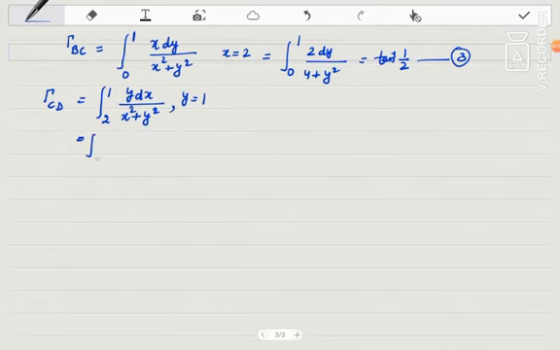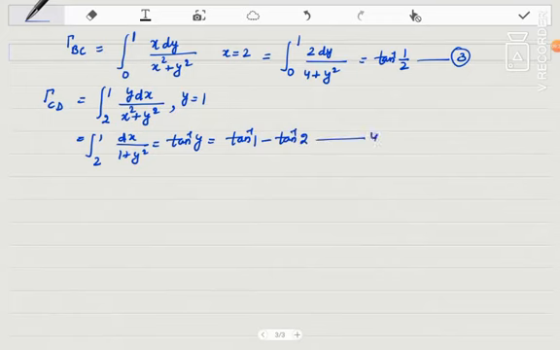So it converts to the integral from 2 to 1 of dx upon 1 plus x square, which will be tan inverse x. So it is tan inverse 1 minus tan inverse 2.